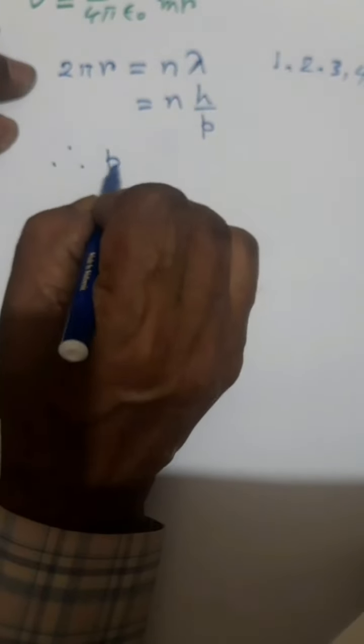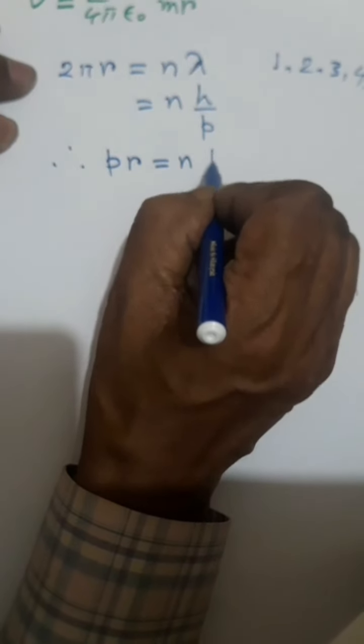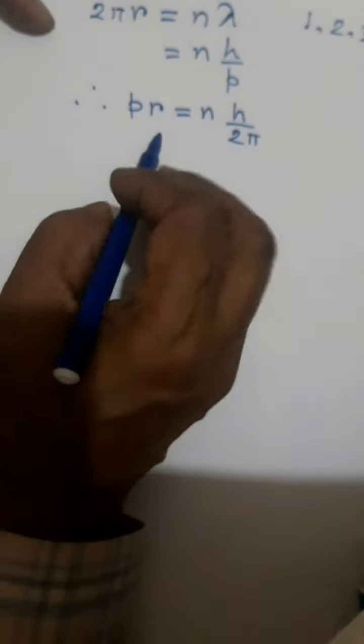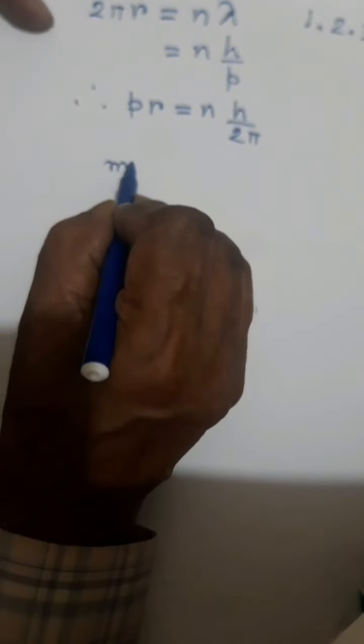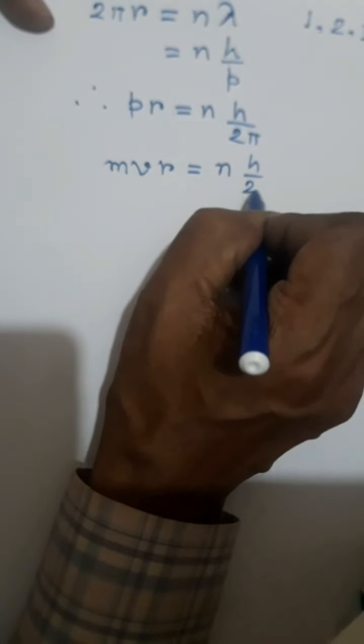Therefore, pr equal to n h by 2 pi. p equal to mv. Therefore, mvr equal to n h by 2 pi.